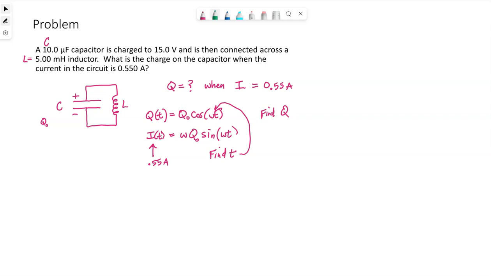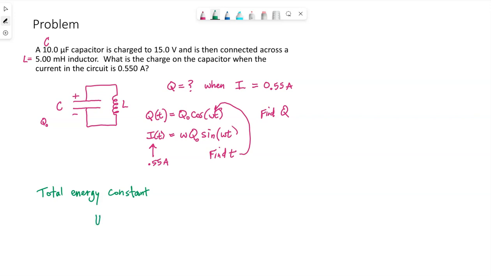My first instinct, though, is I know the total energy is constant. We're dealing with just an inductor and a capacitor, no resistor, and that is why I know the total energy is constant.